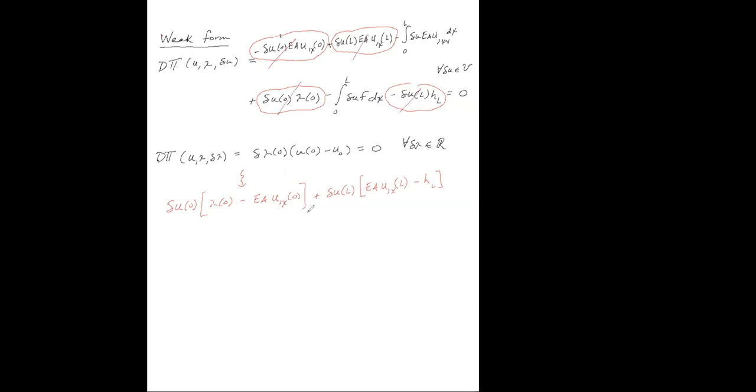Now let's gather up the delta U terms. So what do we have here? Got a sign off here, maybe. Let's see, we've got an integral of this delta U, and then we've got f.